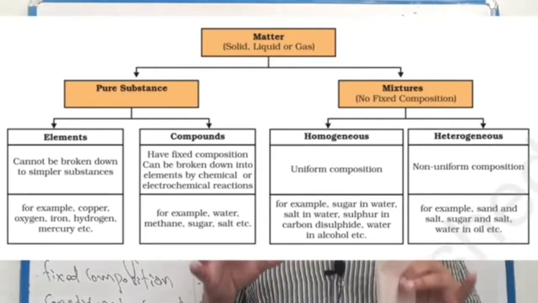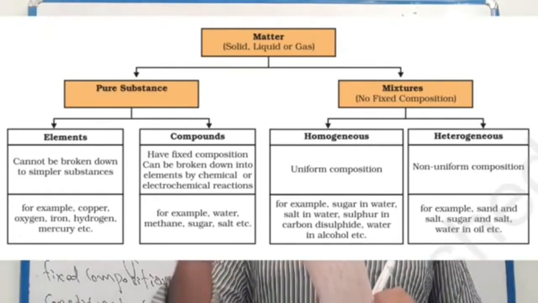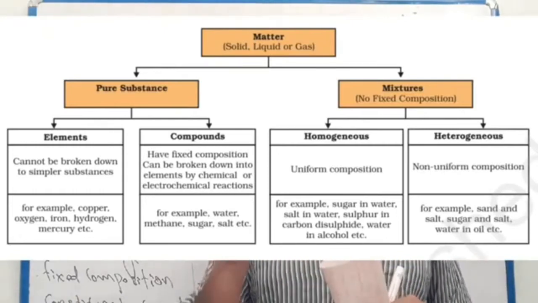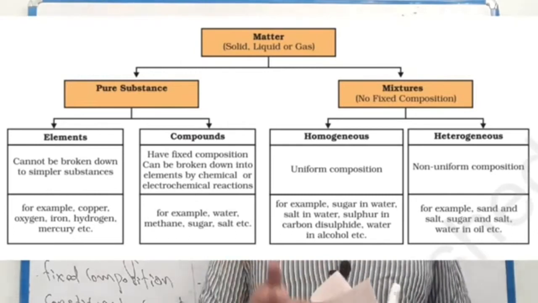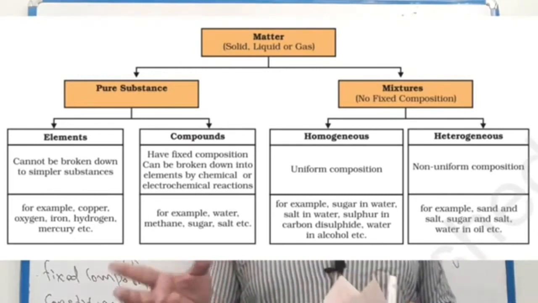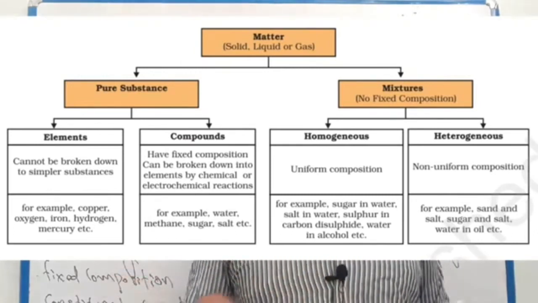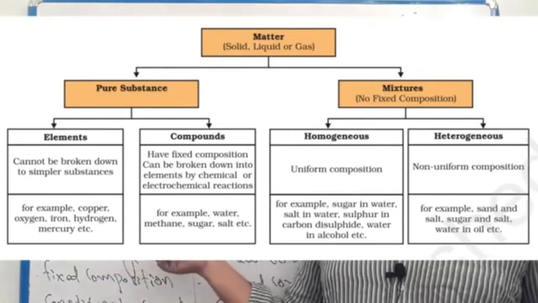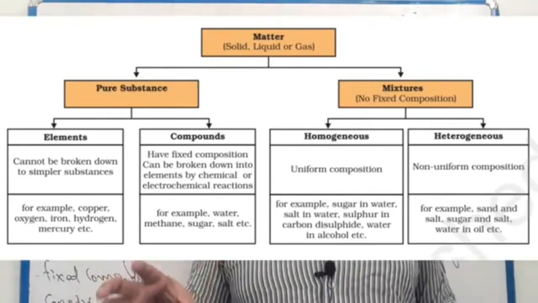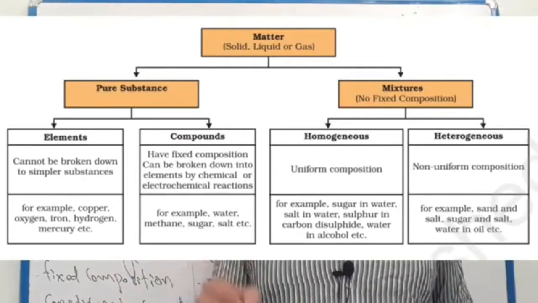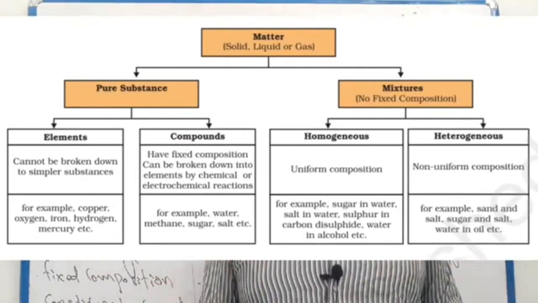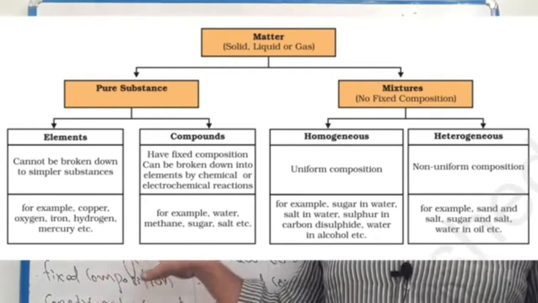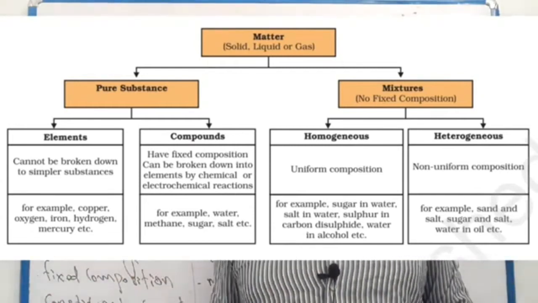So they have fixed composition. Their components must be fixed. If you put H2O2, it is not water. So in a compound, the different elements are fixed, and these compounds are formed by chemical reaction.